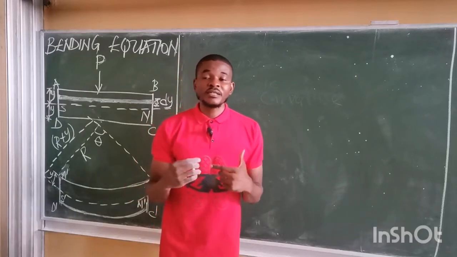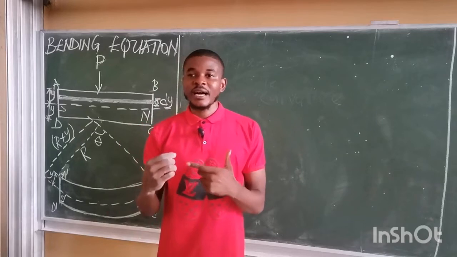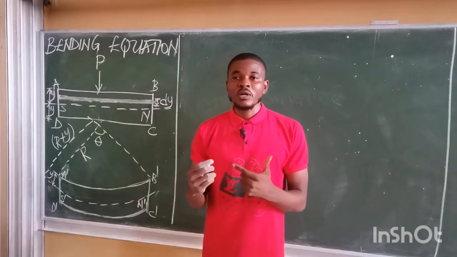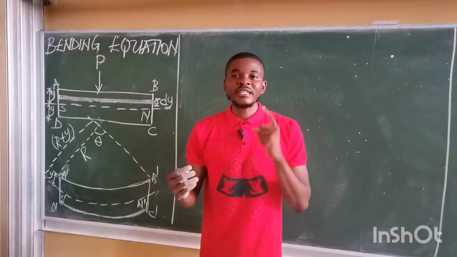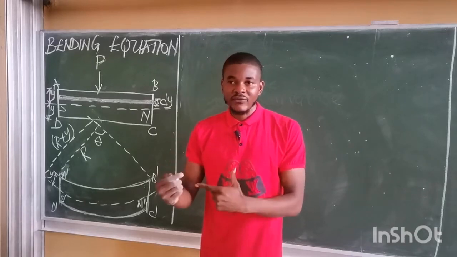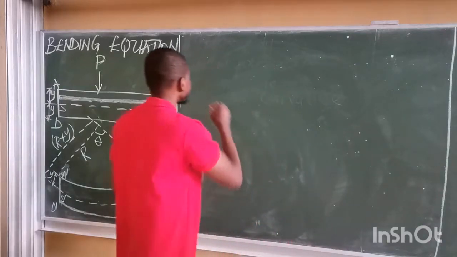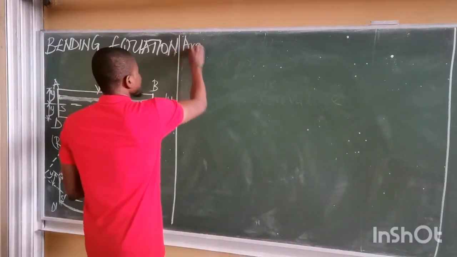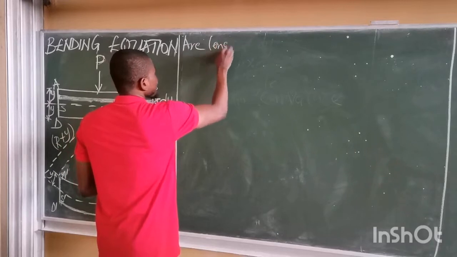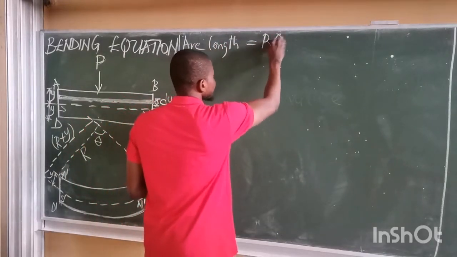Okay, so after the bend, the beam forms an arc. So it forms an arc now, and therefore the arc length gives us the initial length of what? The beam due to what? The bend from the center. And the arc length is simply equal to the radius times theta.